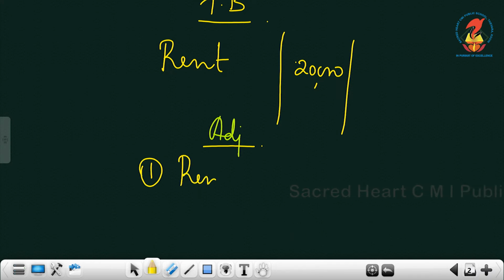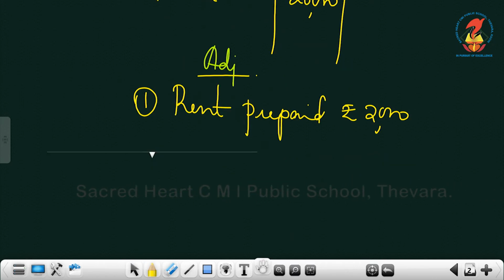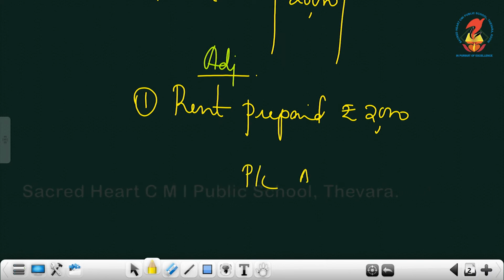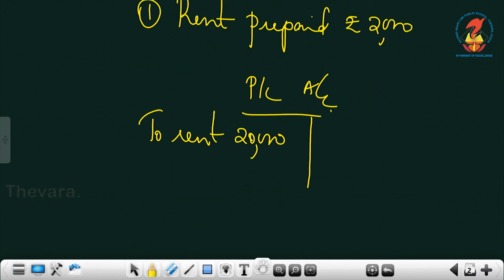Now, what I am writing now is the adjustment, that is rent prepaid rupees 2,000. If this is the question, while you do the P&L account, you know that this rent of 20,000 you need to record on the debit side of P&L, being an indirect expense.